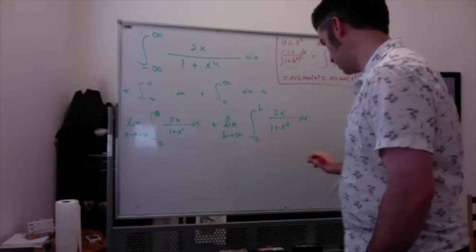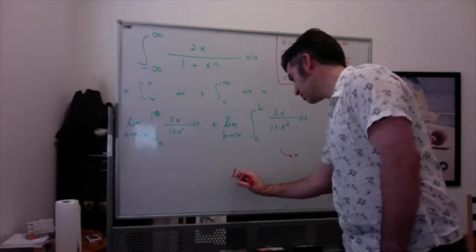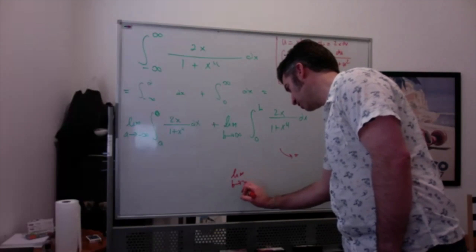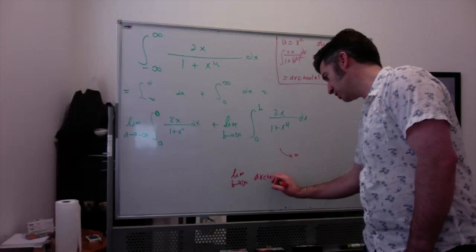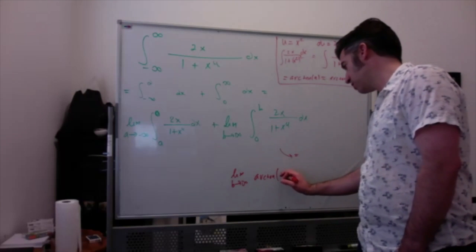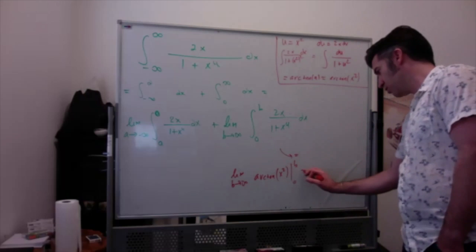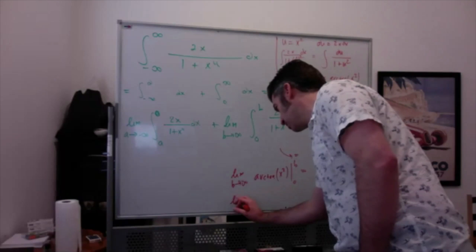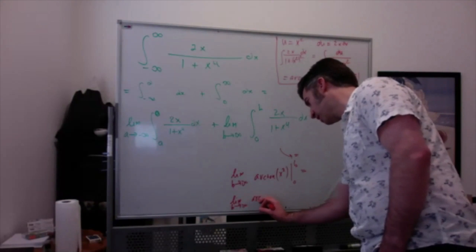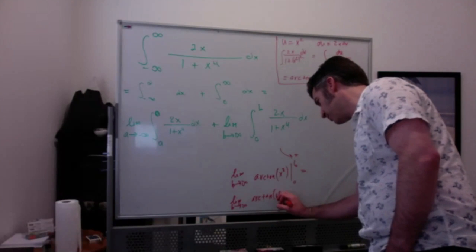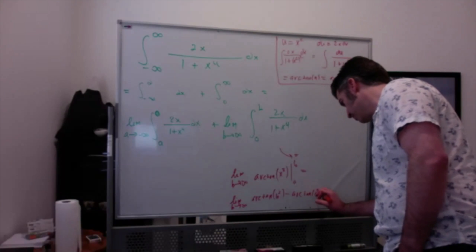So let's do this one first. So this one's going to equal the limit as b goes to infinity. We antidifferentiate this. It's the arctangent of x squared from 0 to b, which is going to be the limit as b goes to infinity of arctangent of b squared minus the arctangent of 0 squared, which is 0.